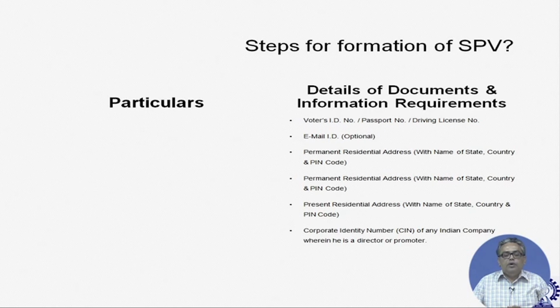Like if you incorporate a company called Thomas Cook Travel Private Limited, and you start doing business in software, then it's a mismatch. So, there should be some kind of relation between your objective and the name of the company.